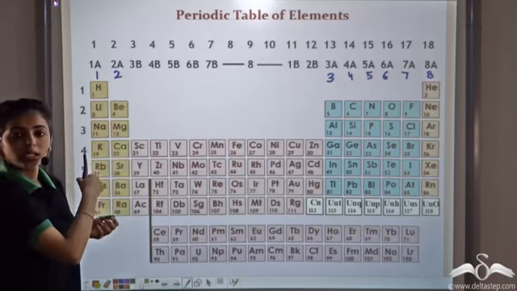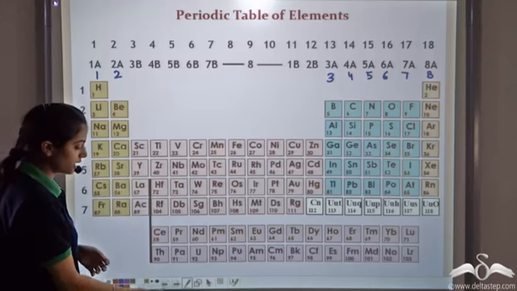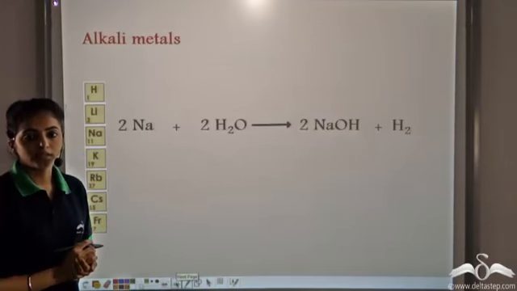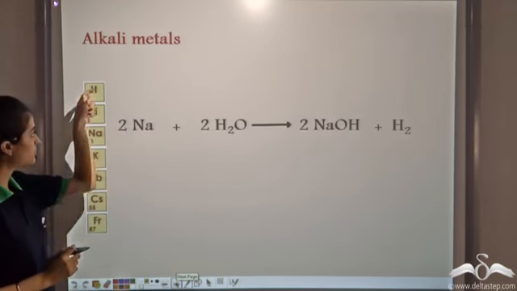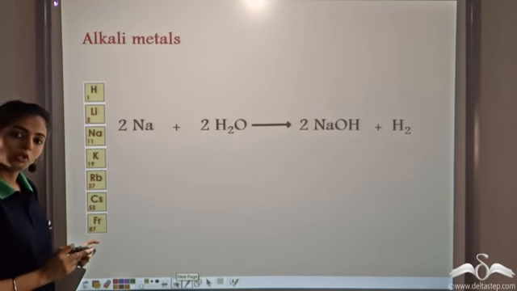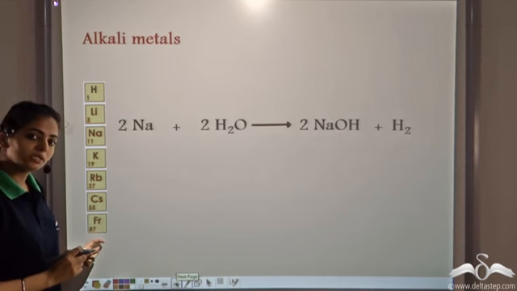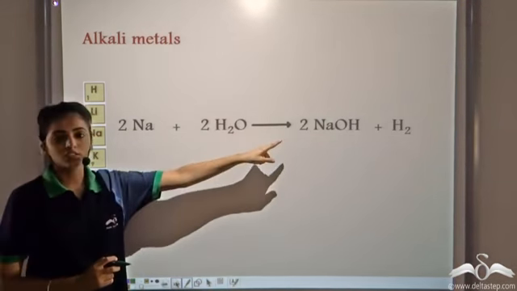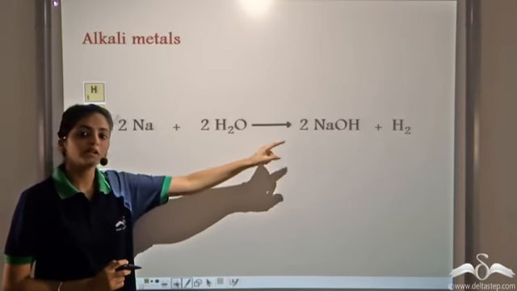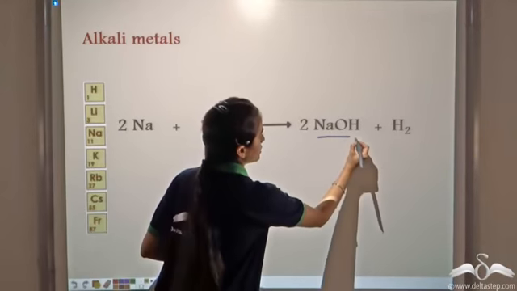Now group 1A, these elements are known as alkali metals. This is because when all these elements belonging to group 1A of the periodic table react with water, they form the corresponding hydroxides and release hydrogen gas.